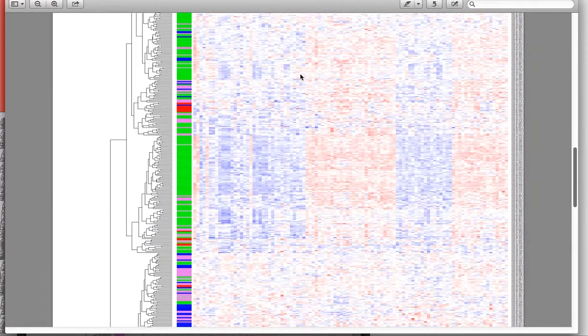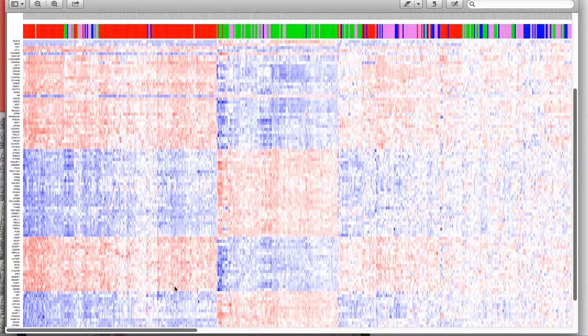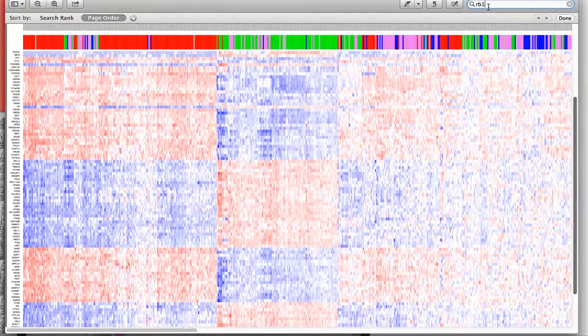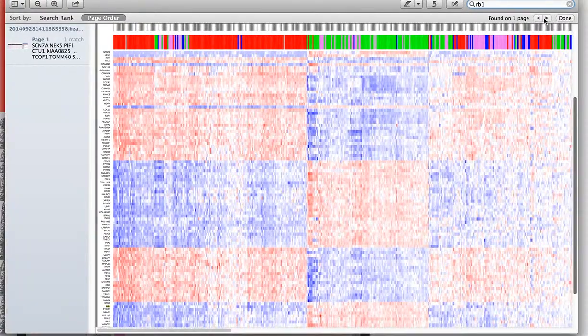And you can see that where RB1 is high, which is, let's flip this, and so for RB1, actually it should be low. Okay, here, it's on the bottom.